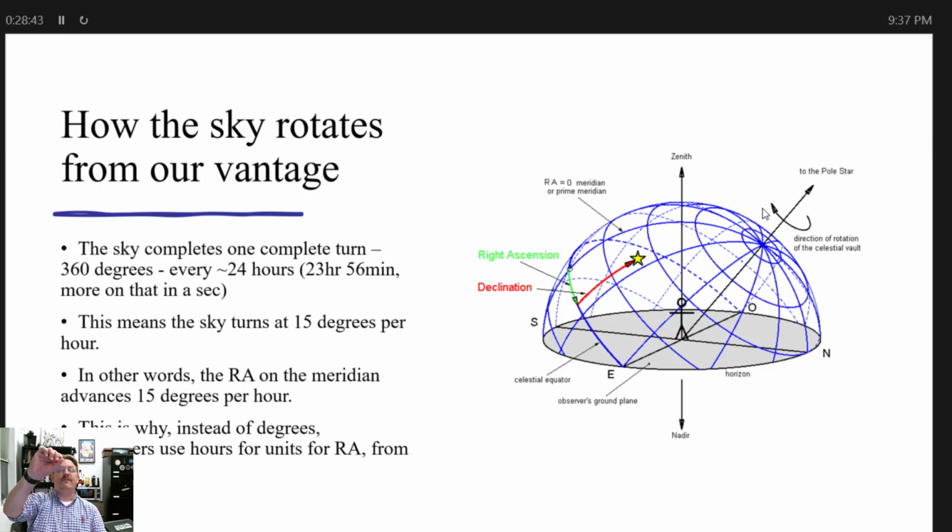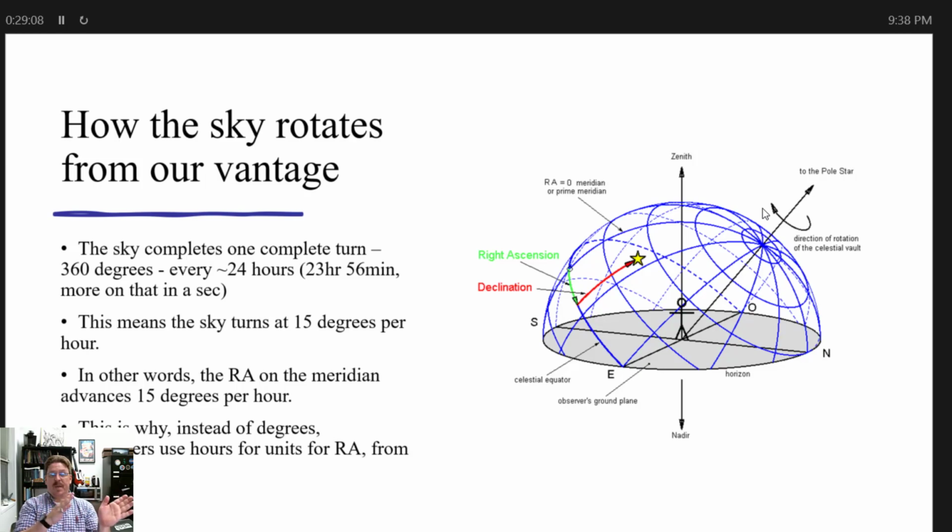So the star Vega, for example, is passing by the local meridian. That is the time at which the star is going to be the highest overhead. If you have a star which is at 19 hours of right ascension, you know that it will take another hour for the star to travel up to the meridian and be on your local meridian.